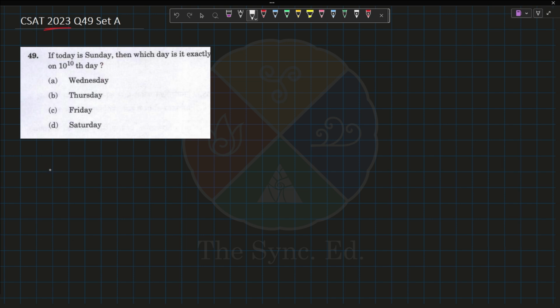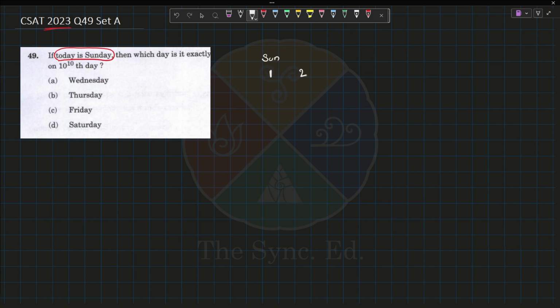So what you have to understand is that in calendars, we know how to find the days before or after some days. What UPSC wants you to understand is that, according to UPSC, the starting day is considered as the first day. So they are saying today is Sunday, and they are basically telling you that the first day is Sunday.